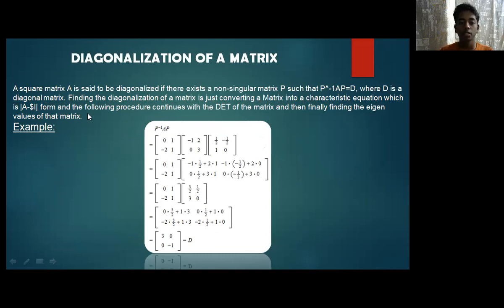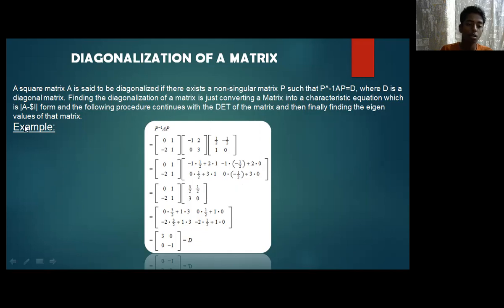Diagonalization of a matrix. A square matrix A is said to be diagonalized if there exists a non-singular matrix P such that P inverse AP is equal to D, where D is the diagonal matrix. Finding the diagonalization of a matrix is just converting a matrix into a characteristic equation, which is the modulus of A minus $I.